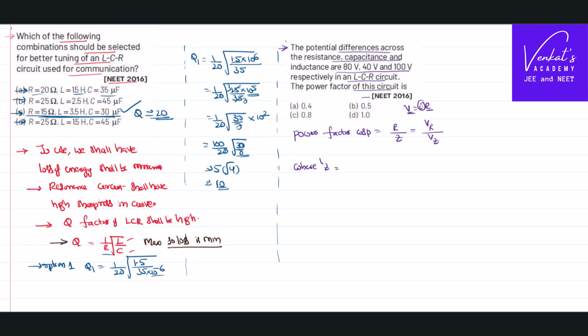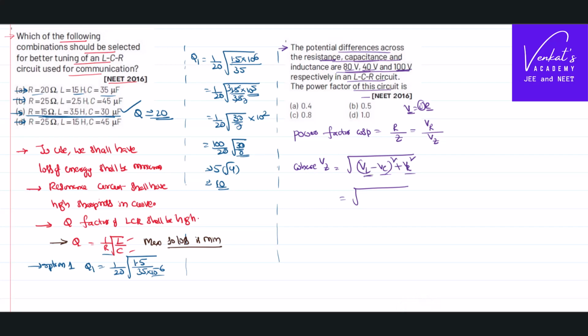So, V across the total circuit can be root of (VL minus VC) whole square plus VR square, simply because the inductor and capacitor are in opposite phase and their resultant is perpendicular to the resistor. For the resistor it is 80, for the capacitor it is 40, and for the inductor it is 100.